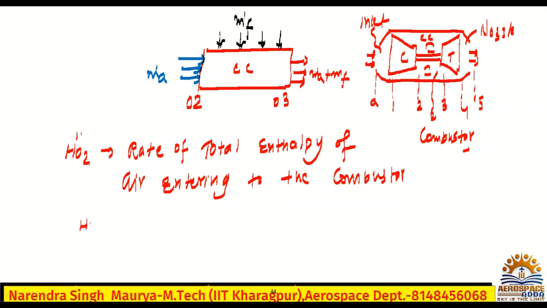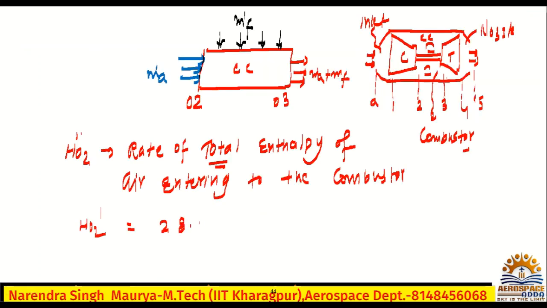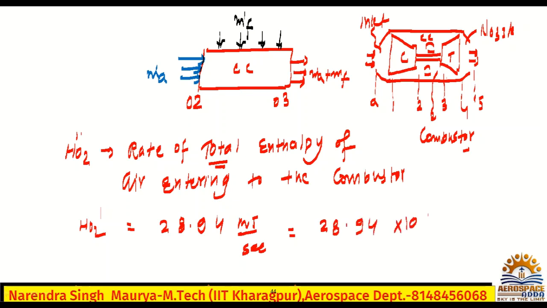Not 2 is the entering station, not 3 is the exit station of the combustor. Why am I writing capital H? Because it is total enthalpy, not specific enthalpy. It is given as 28.94 megajoule per second, or you can write 28.94 times 10 to the power 6 joule per second.